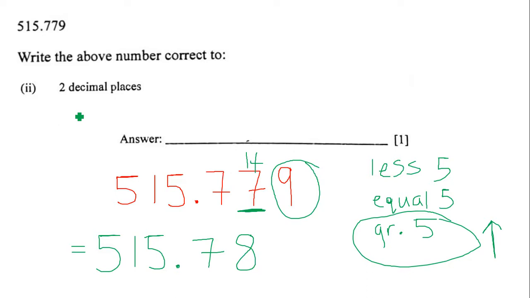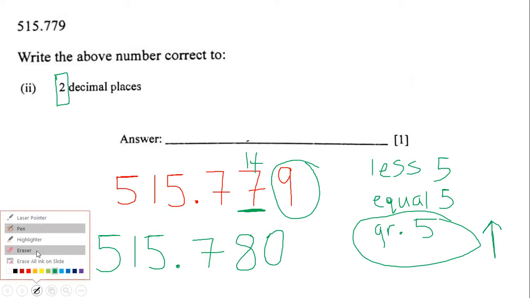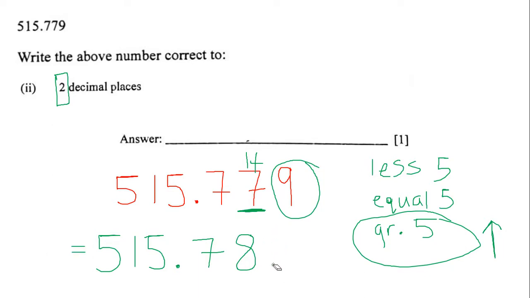You couldn't have said it more plainly, right? The question specifically said 2 decimal places. Okay? So don't go putting a placeholder 0 trying to be nice and cute, right? It says 2 decimal places, so we don't include that.